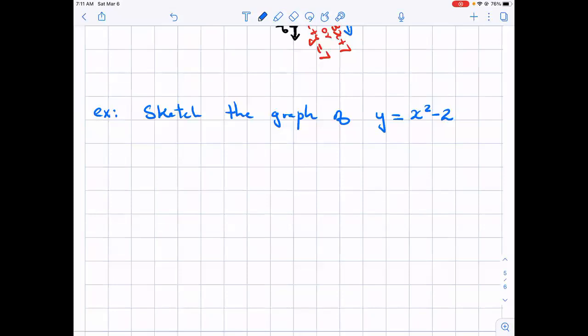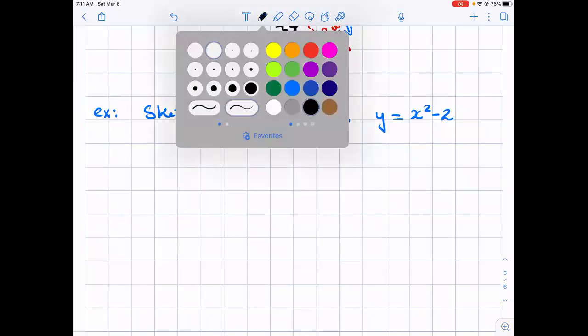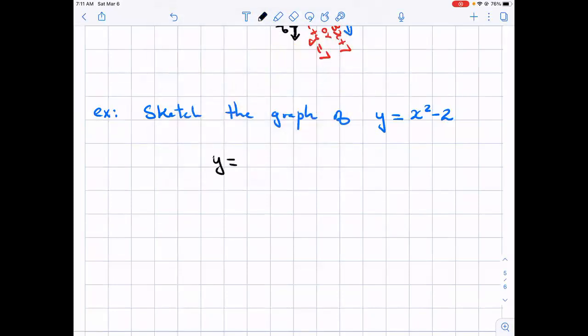So in this scenario, y is already isolated. So y is equal to x squared minus 2. Notice y is already isolated.